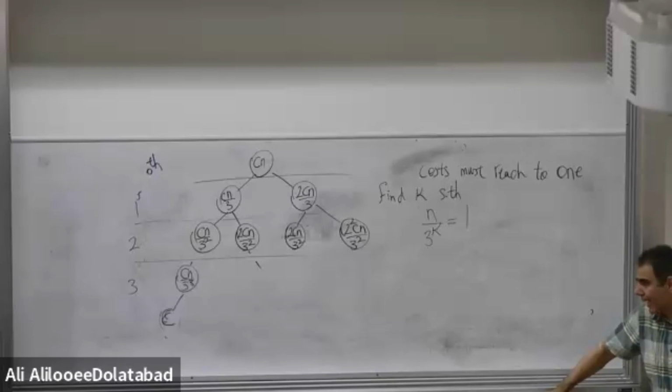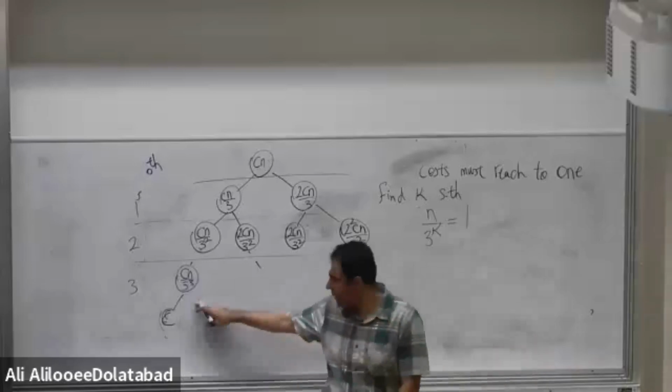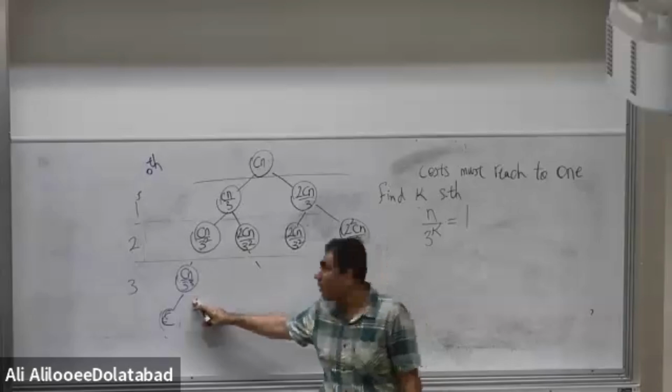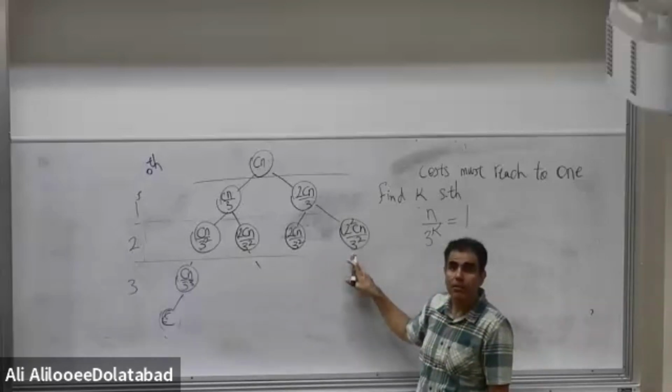Now we can explain why this tree in reality is not balanced. Someone can say, wait a moment, from this side it seems you are considering the powers of 1/3, but from this side it seems you are considering powers of 2/3.